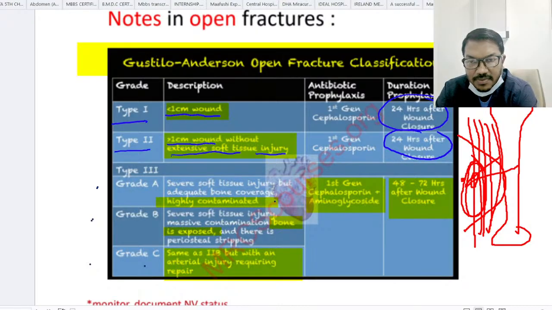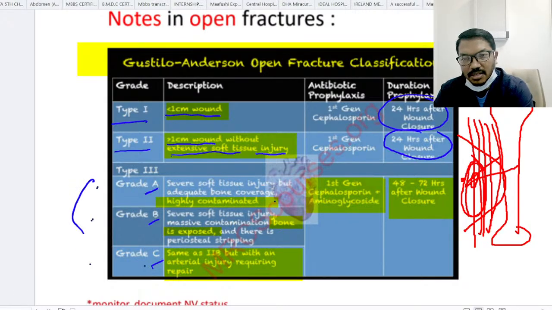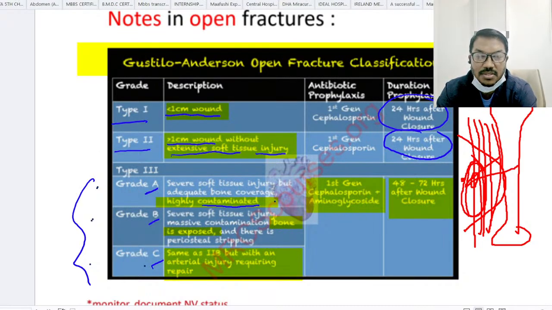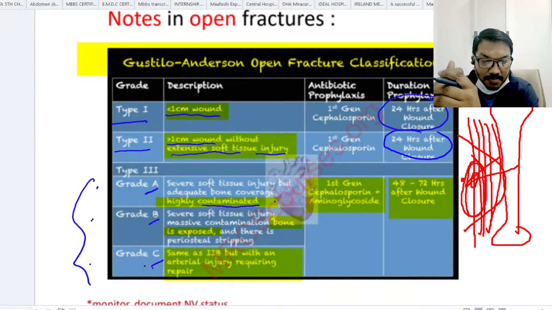Type 3 has different grades: grade A, grade B, grade C. This is an exam question from here, mainly type C. Grade A, severe soft tissue injury, adequate bone coverage, highly contaminated. Grade B, grade C. See, type 2 and type 3 difference is both are more than 1 centimeter, but type 2 is not contaminated, it is not infected.